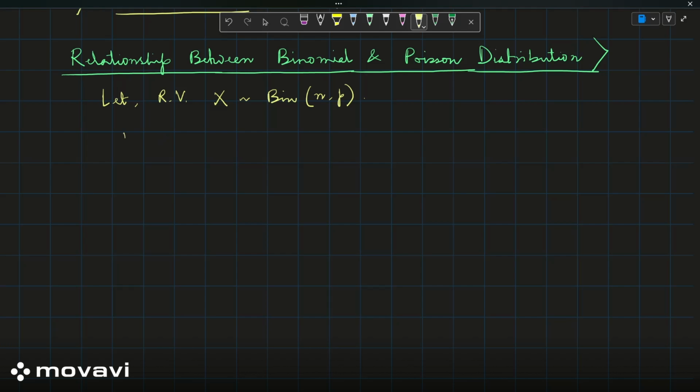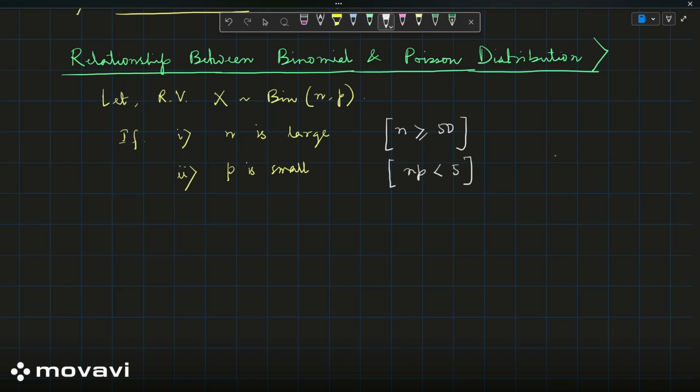So if n is large, how large? One thumb rule is it must be greater than or equal to 50. And the second condition, if p, the probability of success, is small, how small? Such that np is less than 5.